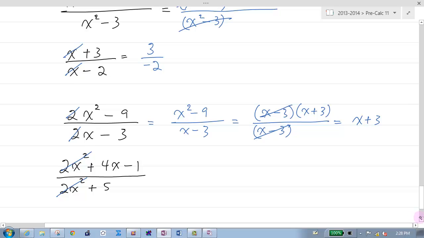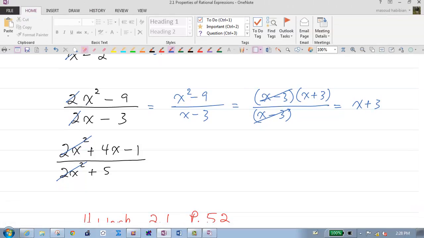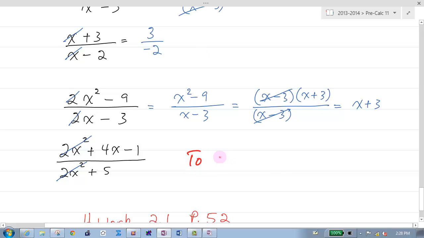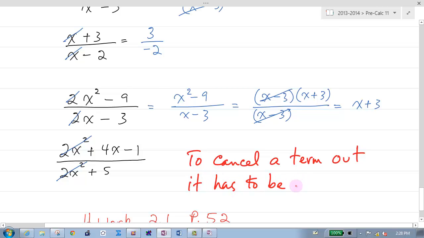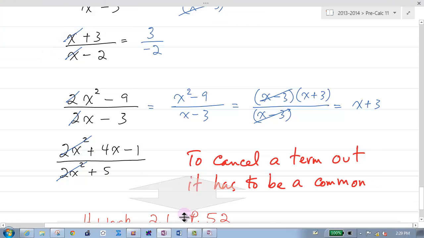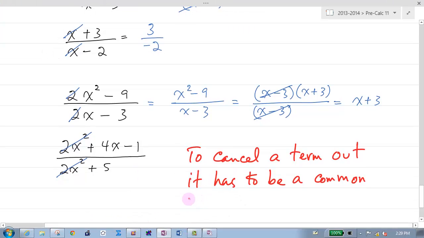So let's make a rule, okay, to cancel a term out, it has to be a common factor.